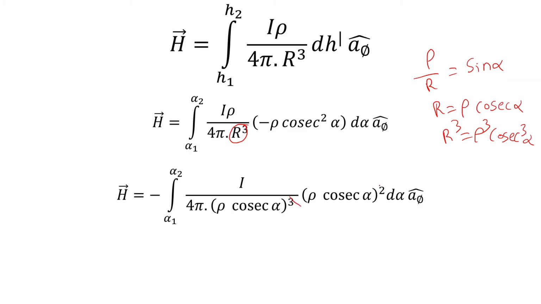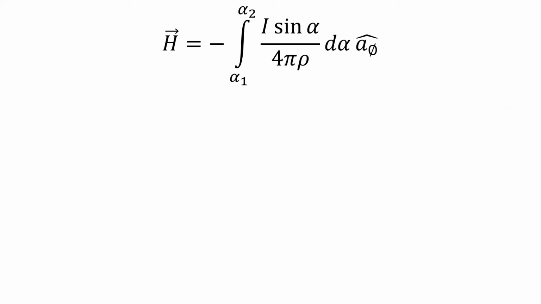When I cancel them, I am left with rho cosecant alpha in the denominator, but 1 by cosecant alpha is nothing but sin alpha, so my integration turns to minus the integral from alpha 1 to alpha 2 of I sin alpha by 4 pi rho d alpha a phi cap.